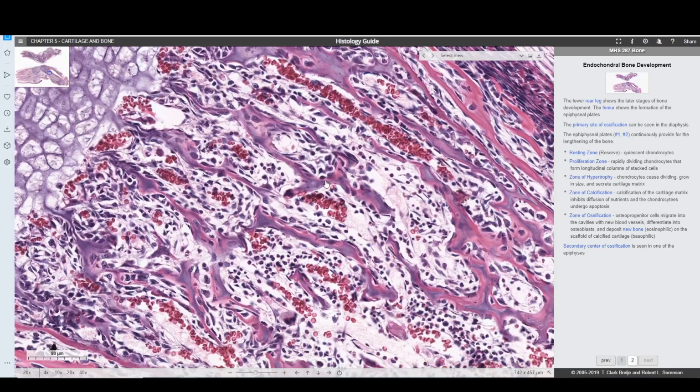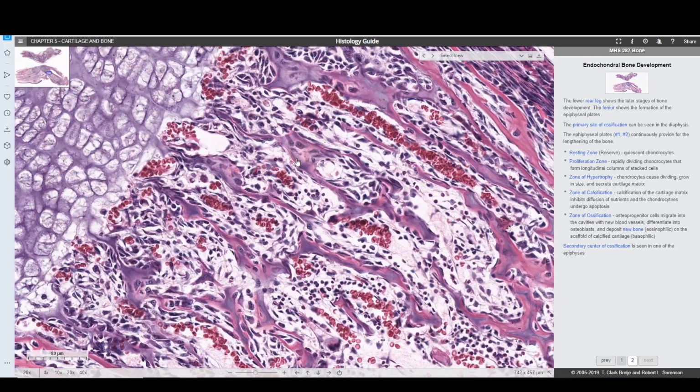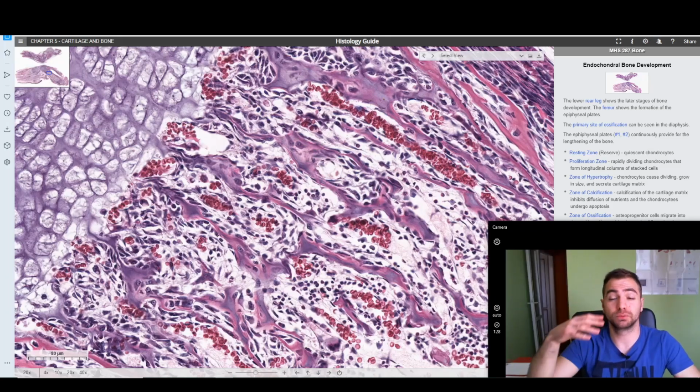Here we have the initiation and the production of the osteoid. We find osteoblasts in the periphery, and in the center we start to have the production of the osteoid, which will eventually form the immature woven bone, and through time it will differentiate into the mature bone.